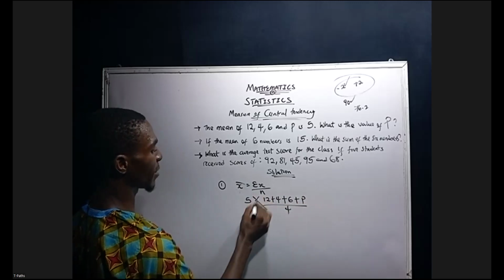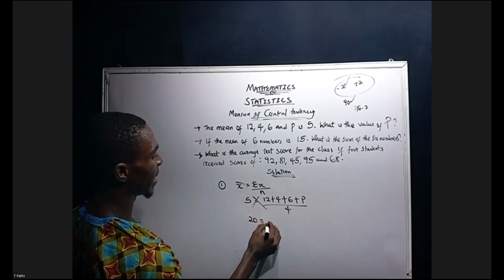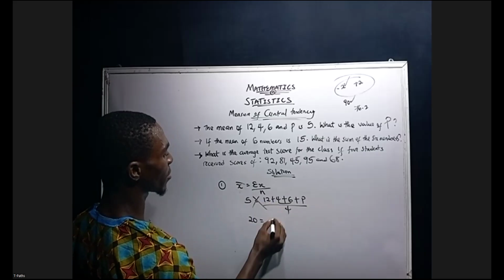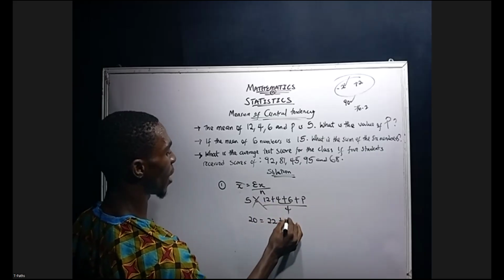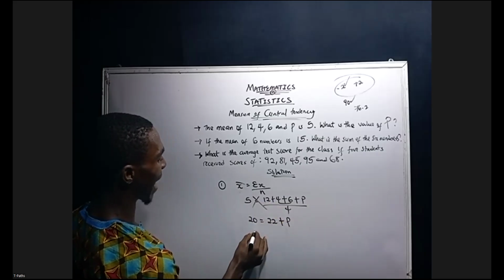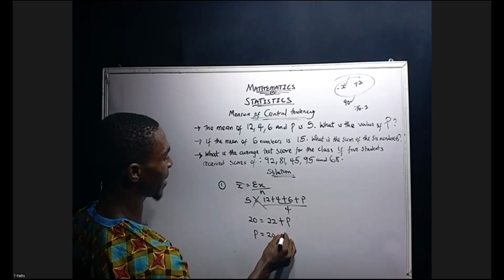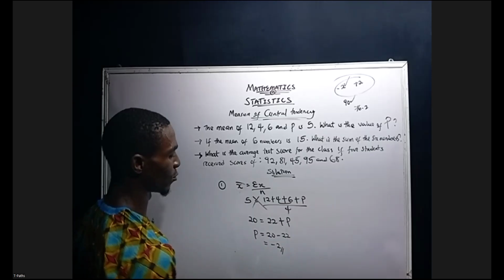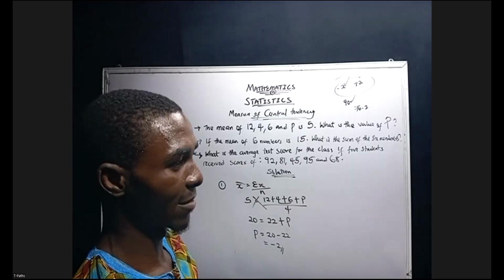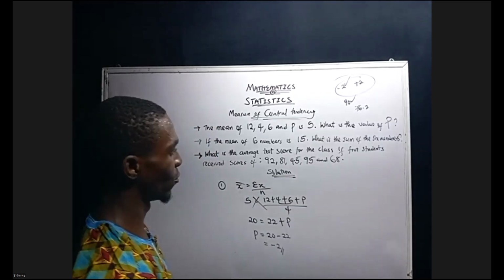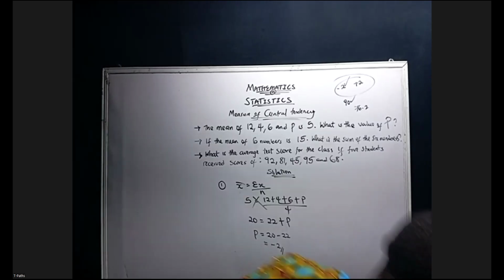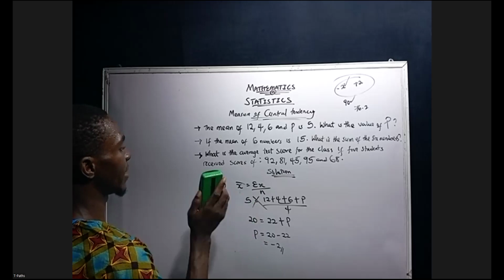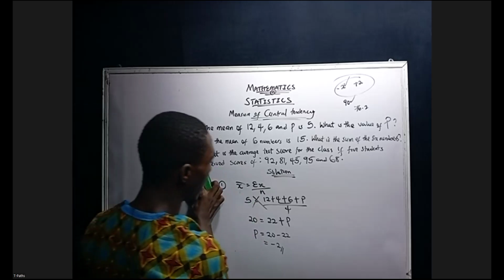When you cross multiply, it is 20 equals the addition of this. This is 10 already, plus 12, 22, plus P. Then collect like terms. P equals 20 minus 22. Final answer is minus 2. Minus 2 is correct. Plus 2, you are wrong. Take note. I'm going over the second solution.